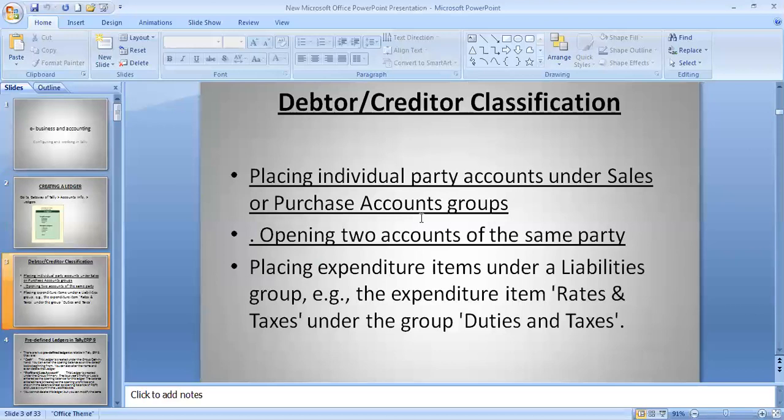It may be sundry debtors, sundry creditors, or a branch or divisions. Especially, the sales and purchase accounts groups are really meant for the revenue accounts, and where the revenue accounts are reflected, it is in the profit and loss account.